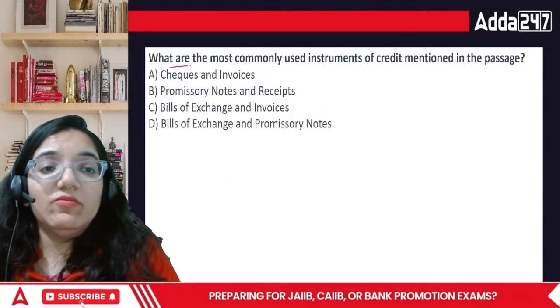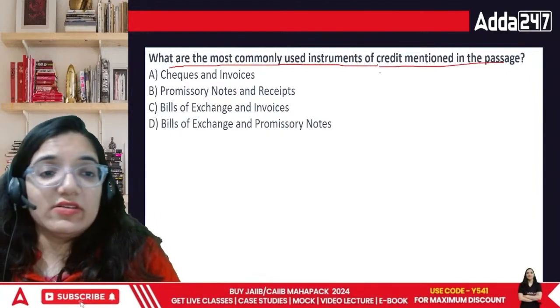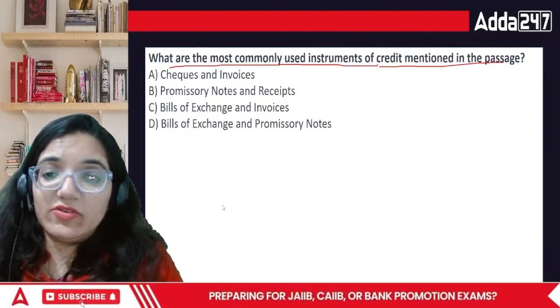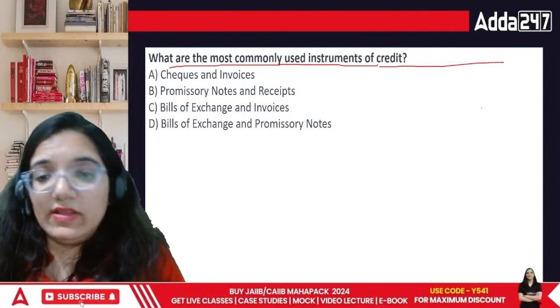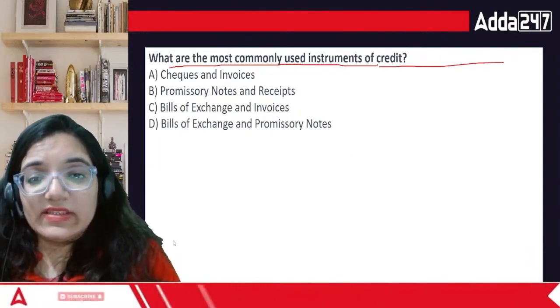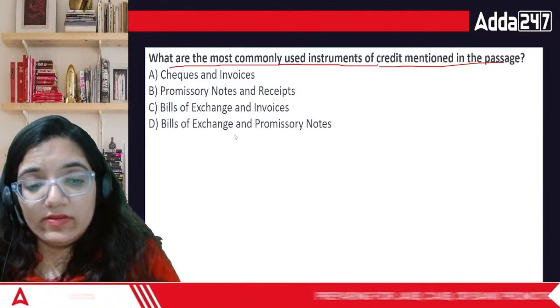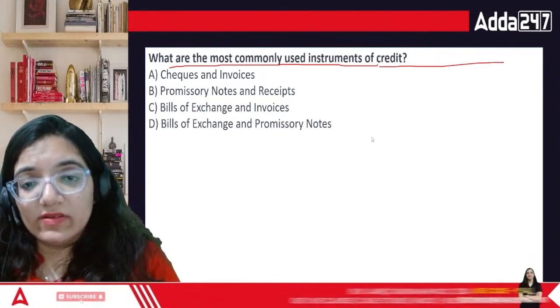Okay. What are the most commonly used instruments of credit mentioned? Acha, what are the most common credit instruments, everyone, that are used? Is it checks and invoices? Is it promissory notes?